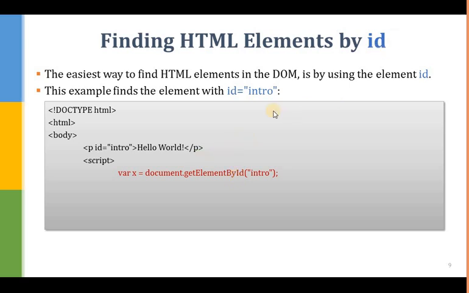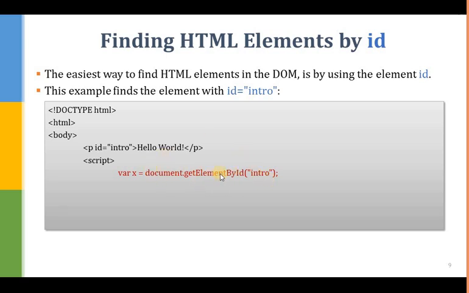Now after that you have to pass one parameter, that is the value of your ID. Over here we are looking for an ID having value intro, that's why intro is the parameter. Now be careful that it should be in double quotes.